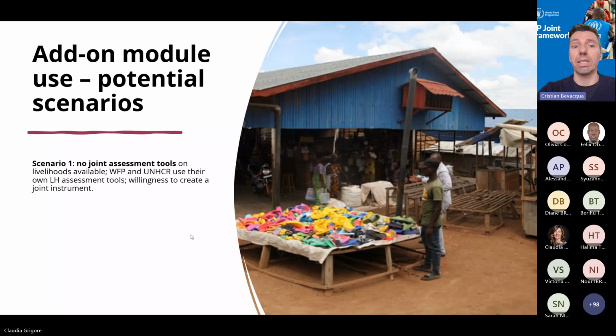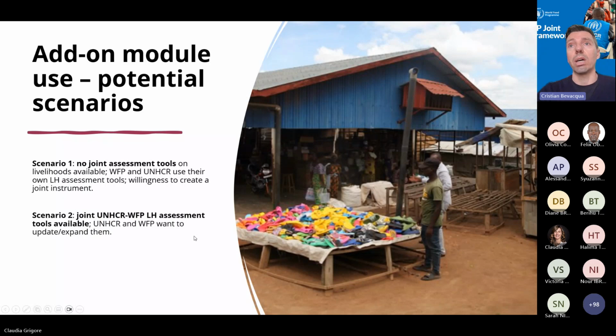The second scenario is one in which, on the opposite, the joint assessment tool is already available. The two agencies have already developed it, but for any reason they want to expand or develop further the joint tool itself, because perhaps there have been changes in the sector, the case law has changed, so the needs have changed, and there is a need to better capture those evolving needs at field level.